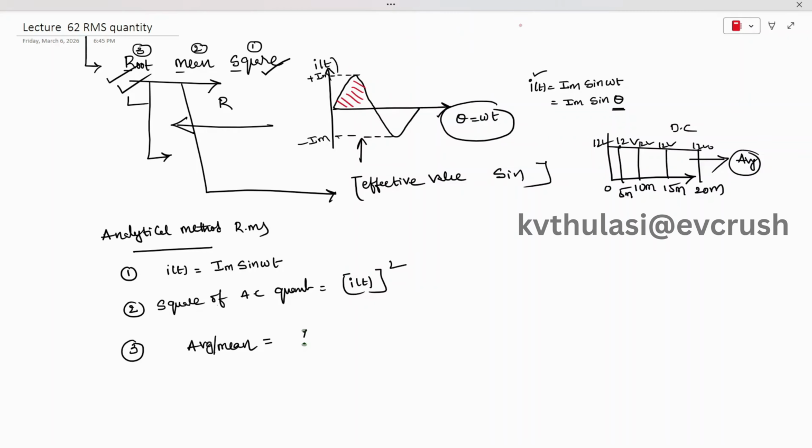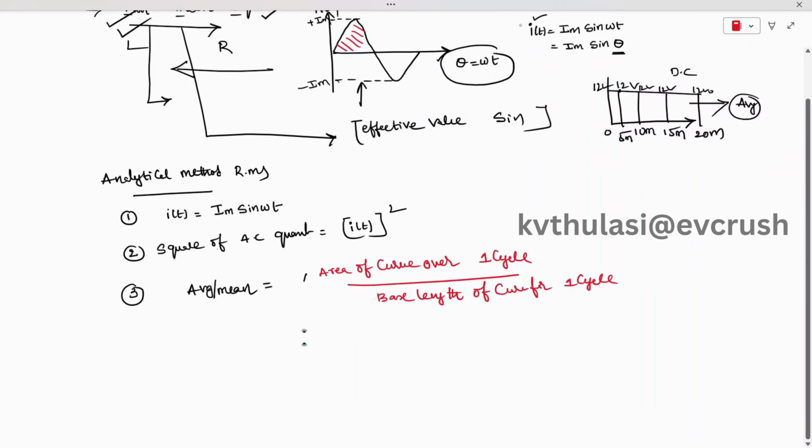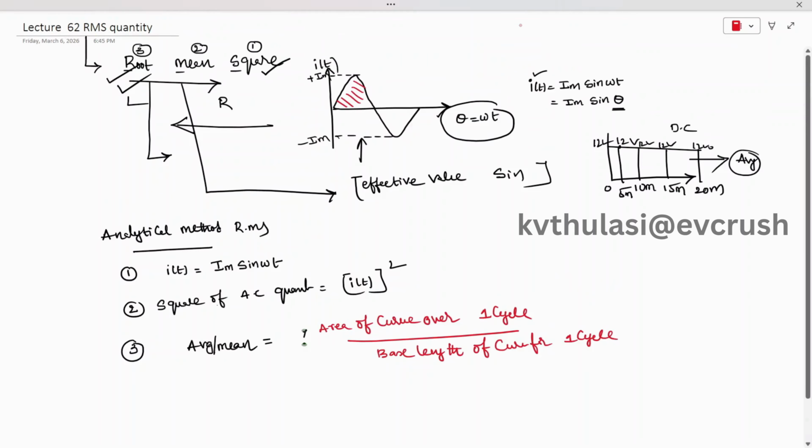The area of the curve is given by the formula: area of the curve over one cycle divided by the base length of the curve for one cycle. This is the basic formula. Later we'll discuss why it is symmetrical and unsymmetrical. Now let us understand the second one: we have to calculate the average value or mean value.